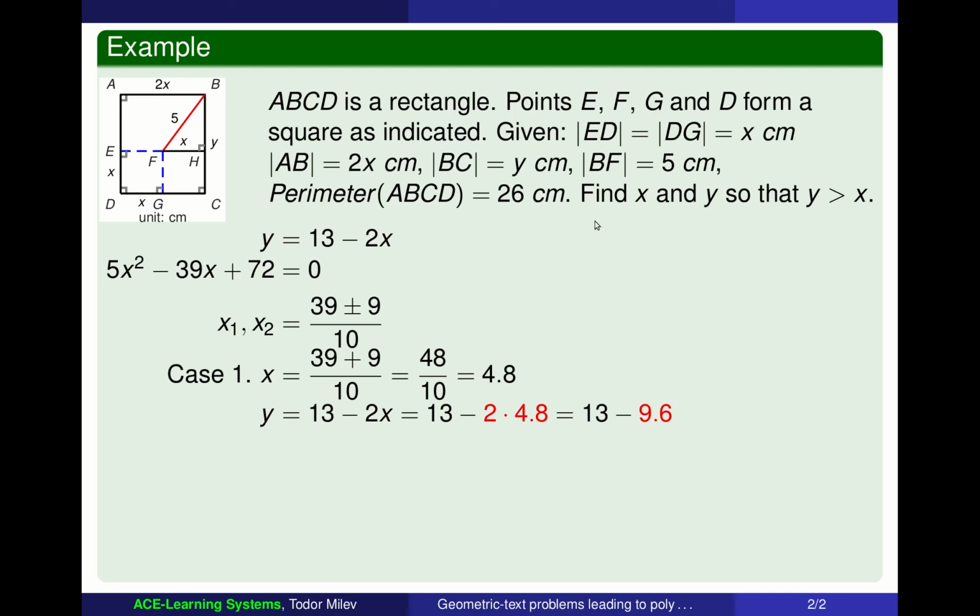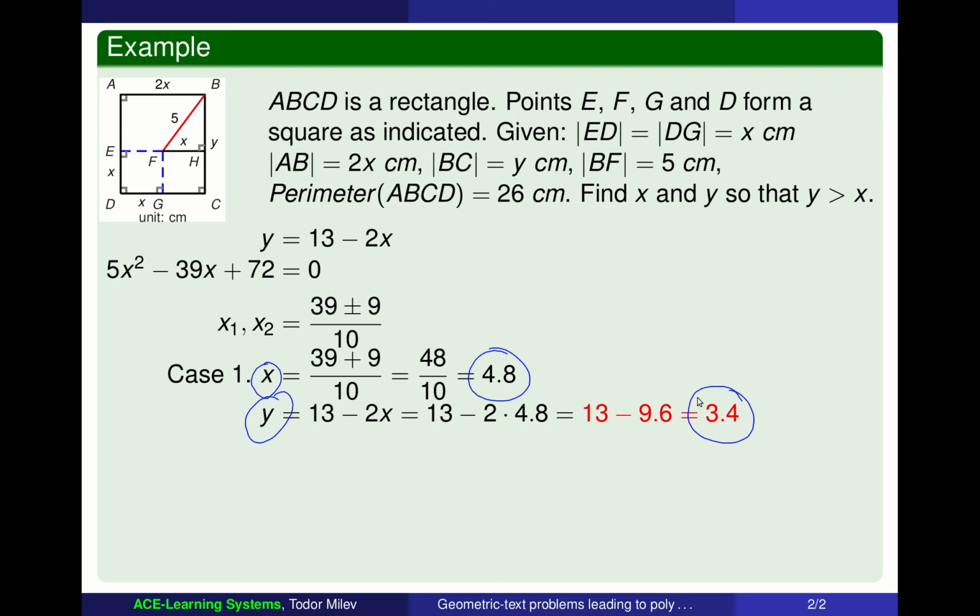And 13 minus 9.6, well, that's 13 minus 10 plus 0.4, which is 3 plus 0.4, which is, of course, 3.4. So y is equal to 3.4. So we have our solution. X is equal to 4.8 and y is equal to 3.4.